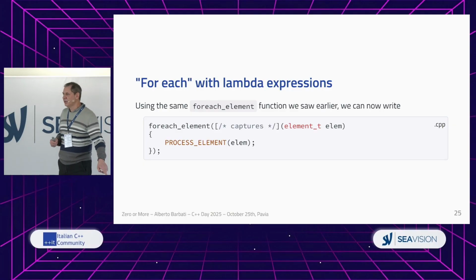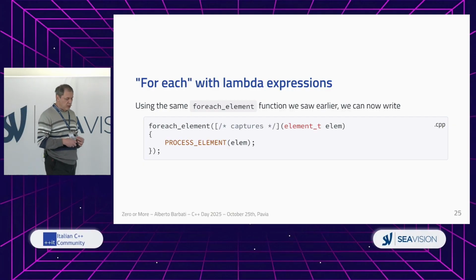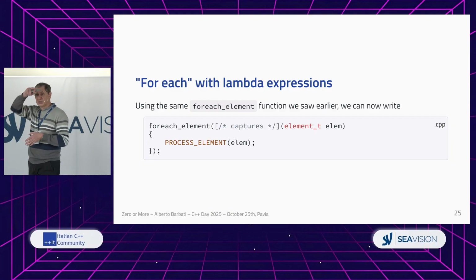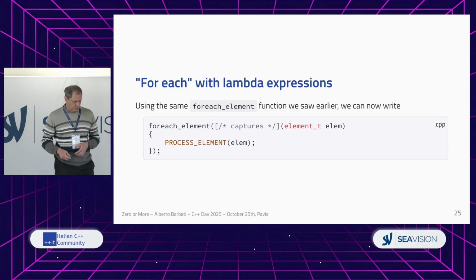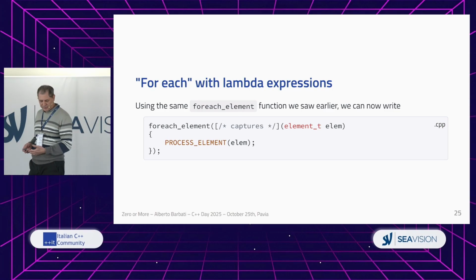And also with the captures feature, you can have the code use the local variables of the enclosing scope. That's very, very handy to be used. And this makes the for each expression very, very powerful and very, very expressive in the code.